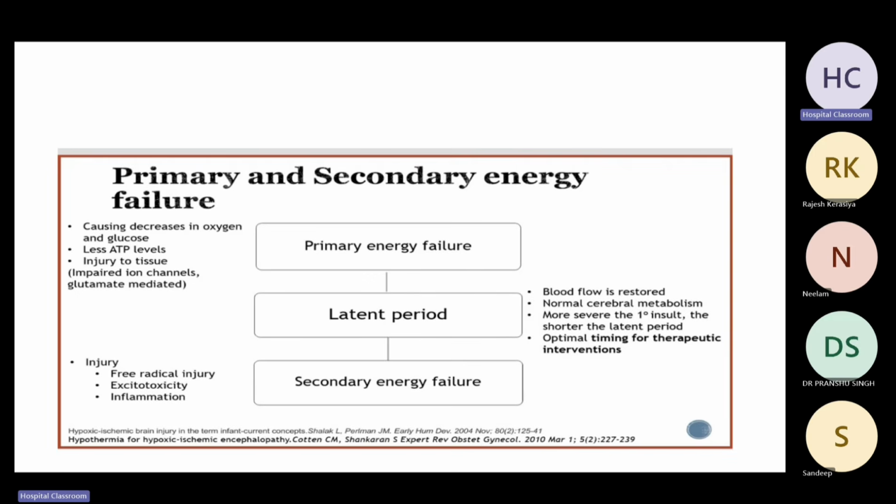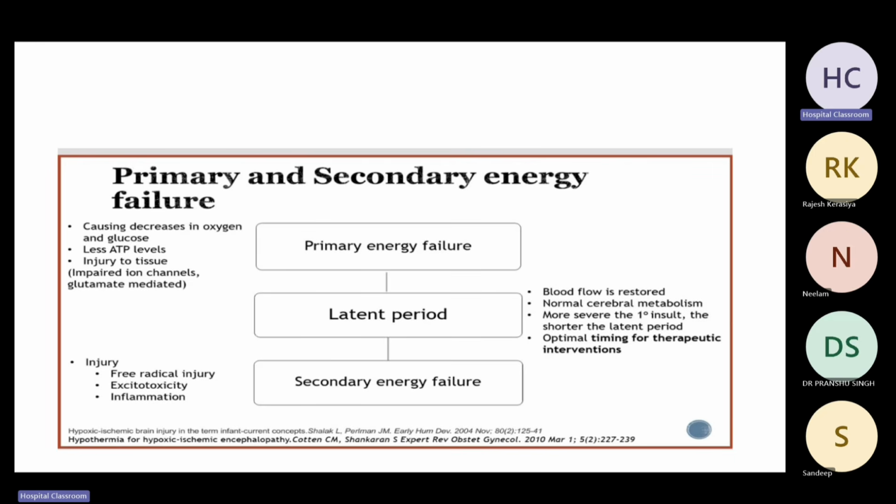Okay, so whenever a child has birth asphyxia, initially there is a primary energy failure which is happening at the time of insult. If birth asphyxia has just happened, the primary energy failure would have started in the in utero phase itself. Then between birth to first 6 hours of life, there is a latent period. That latent period is actually the window of opportunity we have to pick up the child and start therapeutic hypothermia.